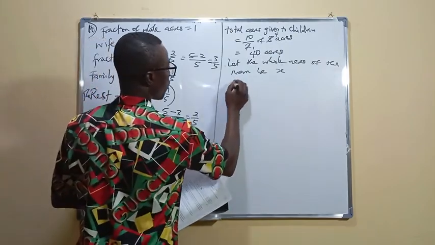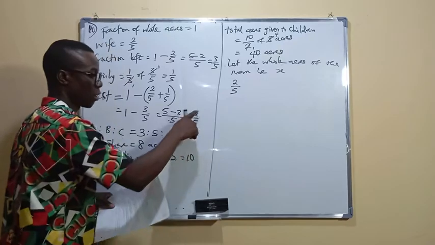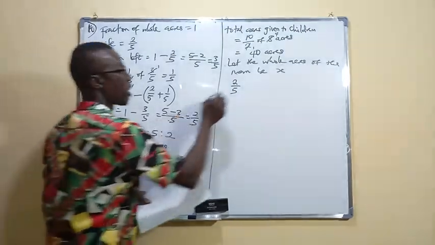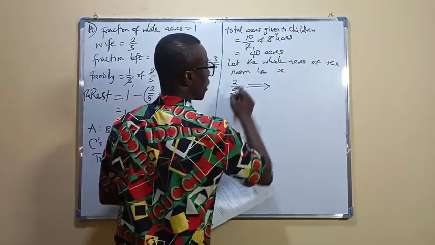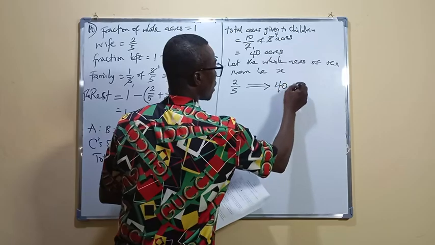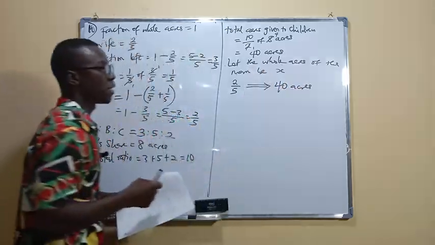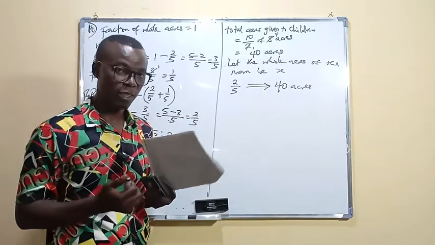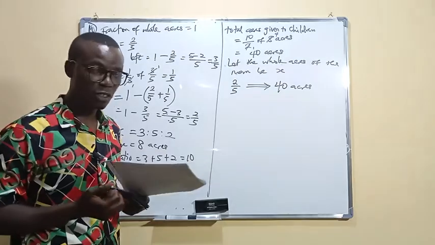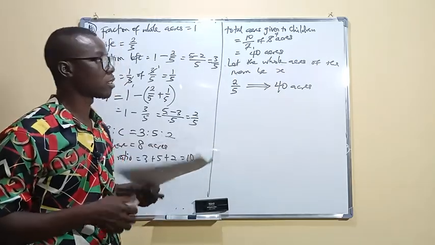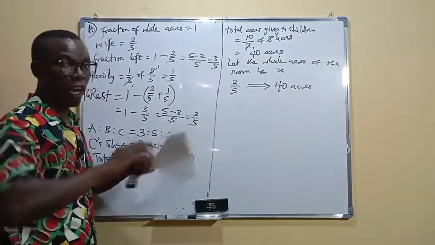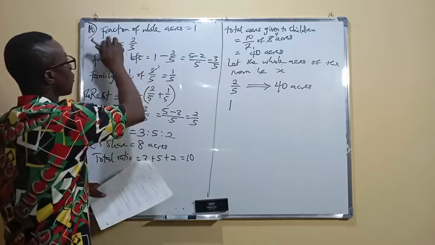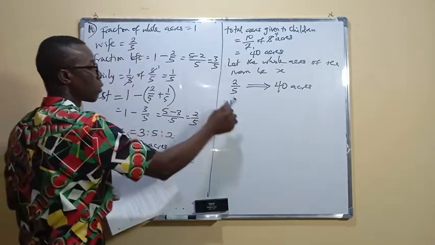Now, look at it. 2 over 5, that's the fraction given to the children to share, we have discovered it is equivalent to what? 40 acres. Now, 2 over 5 is the fraction, 40 acres is the quantity. What is the fraction of the whole? The fraction of the whole is 1.